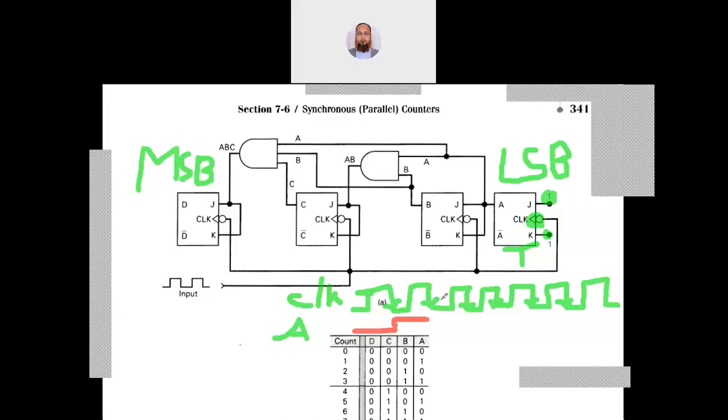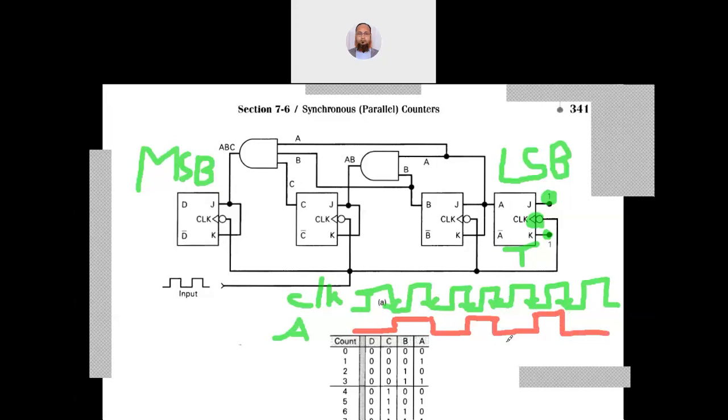So at the negative edge it changes from low to high, and remains high until the next clock. Then the negative edge comes again and it becomes 0, remains 0, and as soon as the negative edge comes it changes to high. Low, high, low, like that, this continues. So this is flip-flop A.